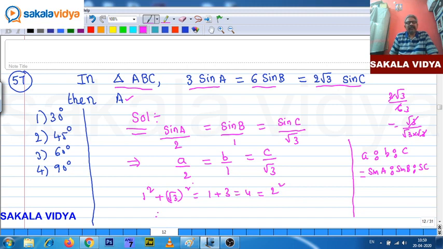That means b square plus c square equals a square. Therefore triangle ABC is a right angle triangle, and angle A should be 90 degrees. So the fourth option is the right option. Yes, even the sides are in the ratio 2 is to 1 is to root 3, so one angle is 90 and the other angles are 30 and 60. That is also correct.